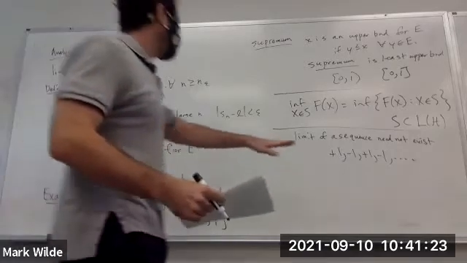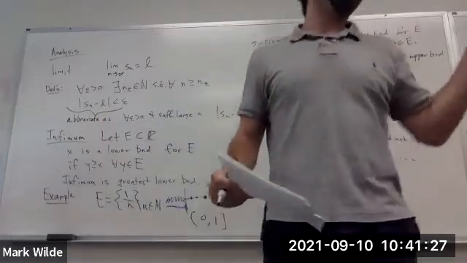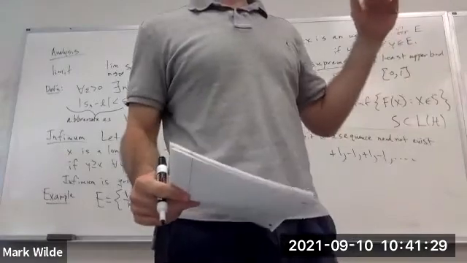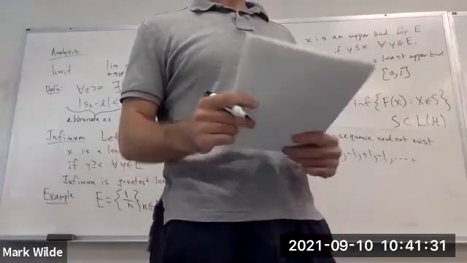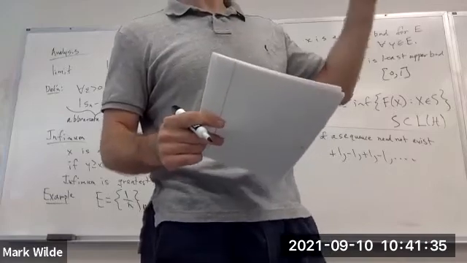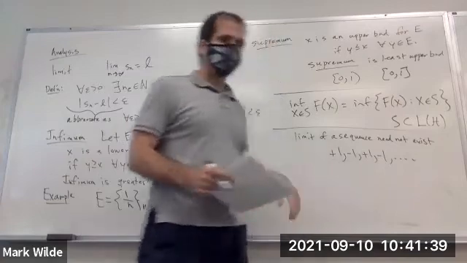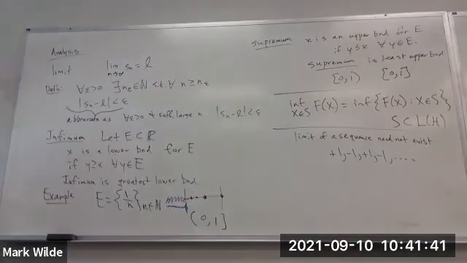In this case, the sequence is so simple that the limit superior is going to be 1. So the limit superior is the least asymptotic upper bound. We're going to define what we mean by that. Okay. The limit inferior is the greatest asymptotic lower bound.